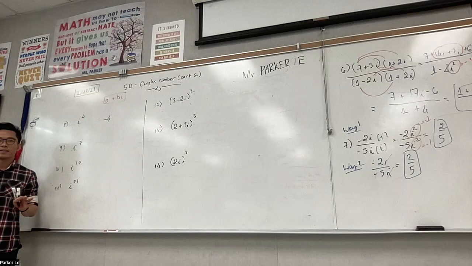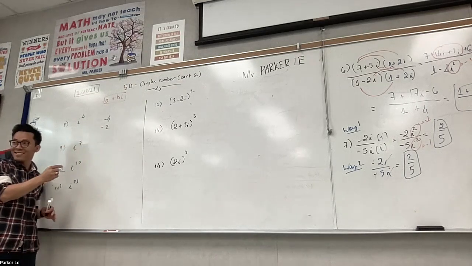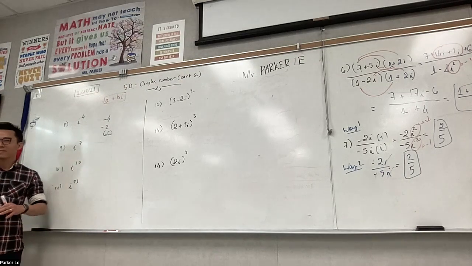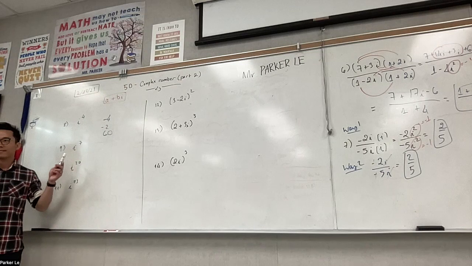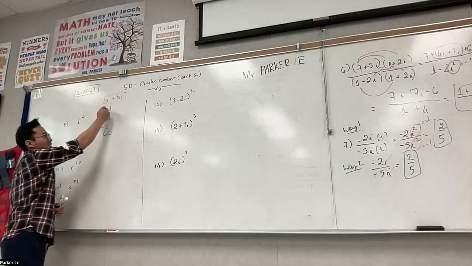Negative 2. Give me 60, go big, just a random number. What else? i to the 4th. 1.